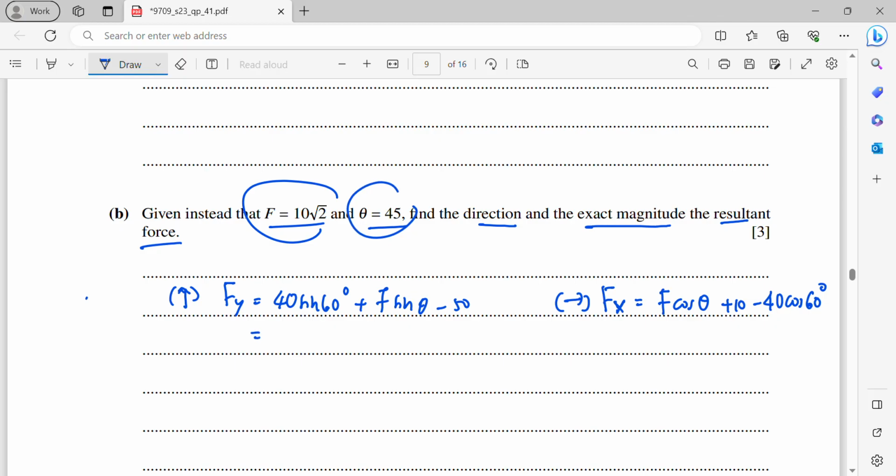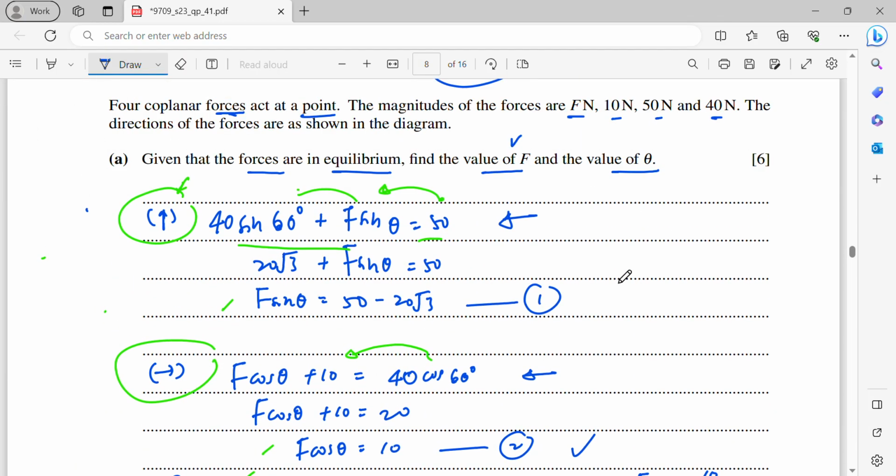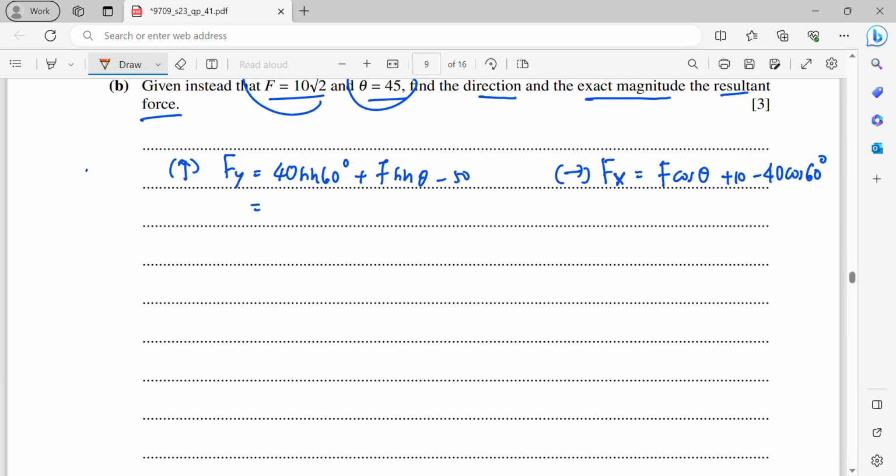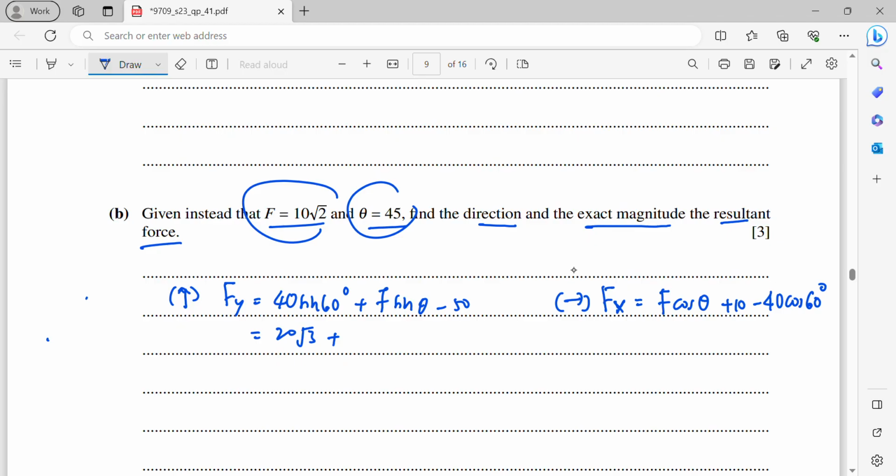Here, 40 sine 60, no need to recalculate, because from the previous part we know that 40 sine 60 degrees is 20 square root 3. Then now F is 10 square root 2, then sine 45 degrees, minus 50. When you simplify this, it will be 20 square root 3 plus 10 minus 50. Then I will get 20 square root 3 minus 40.